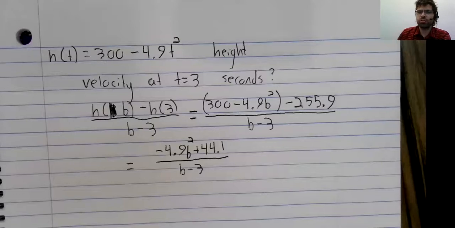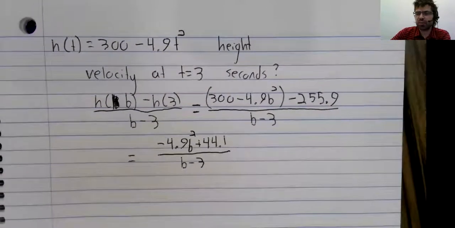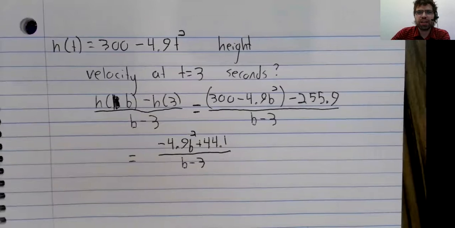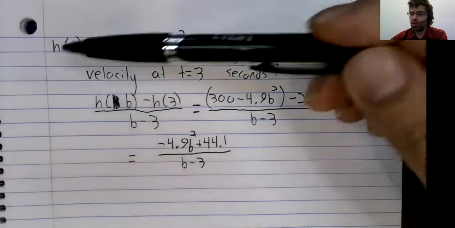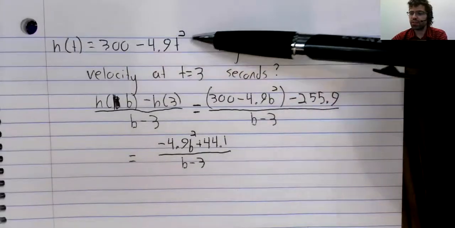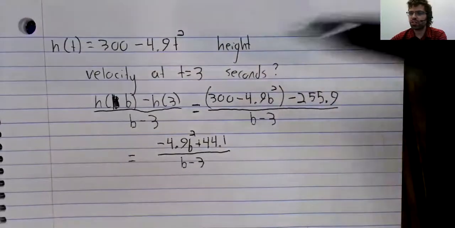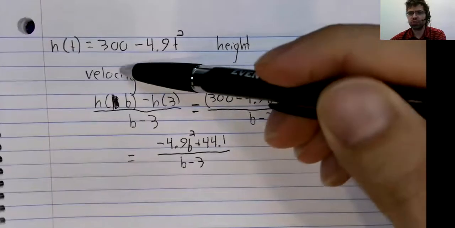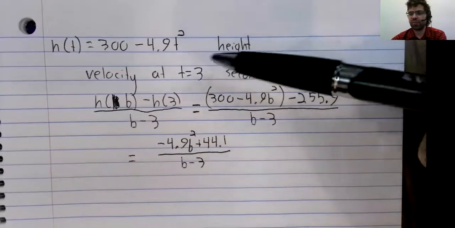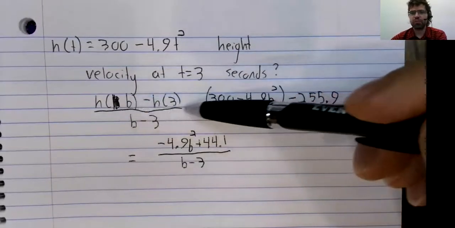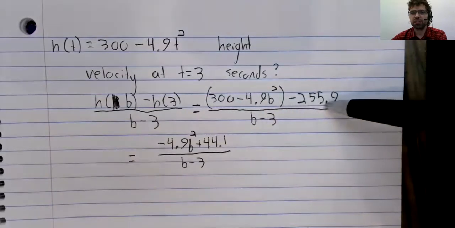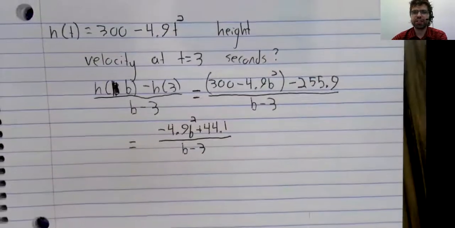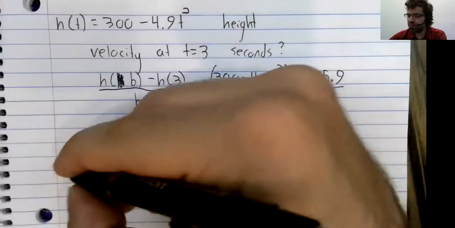Let's return to our previous example now that we have the proper notation for talking about it. We defined this height function. We asked about the velocity after 3 seconds. We tried to approximate it by looking at these average velocities.